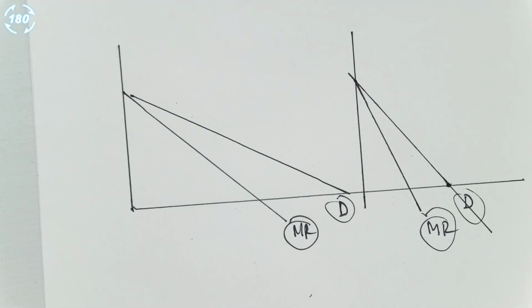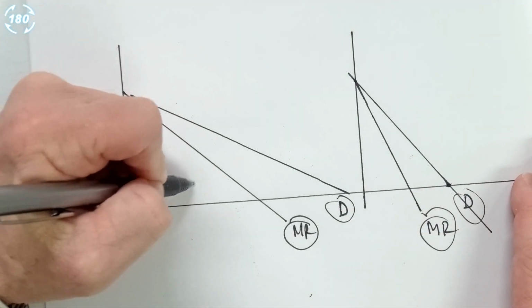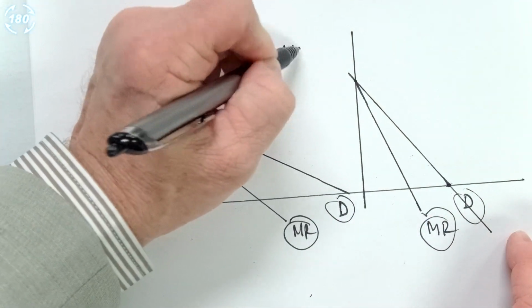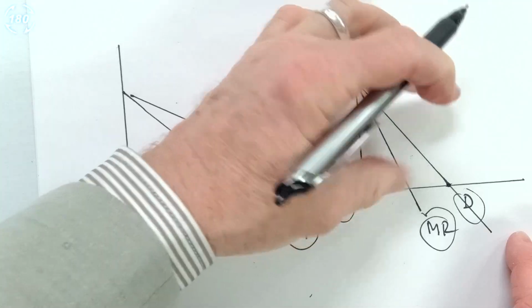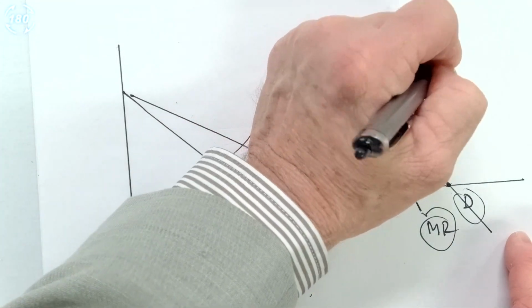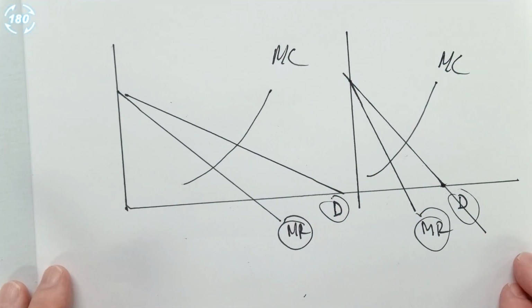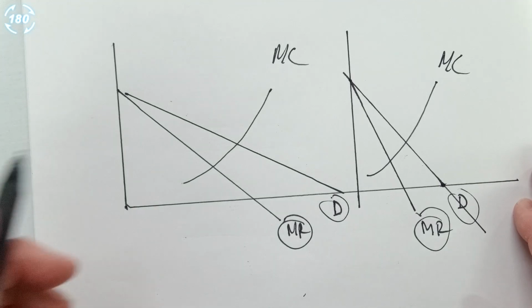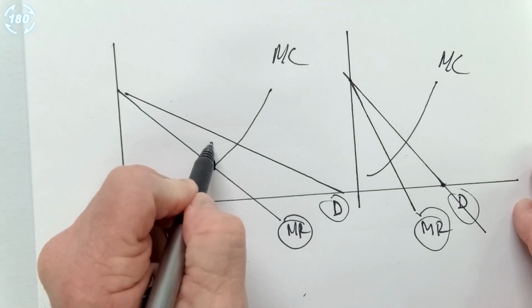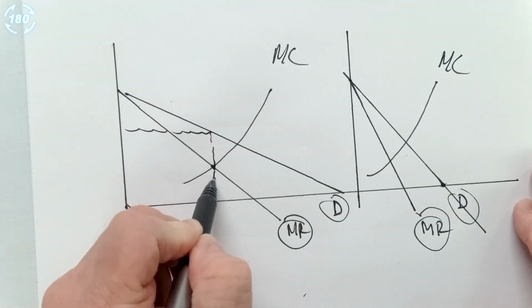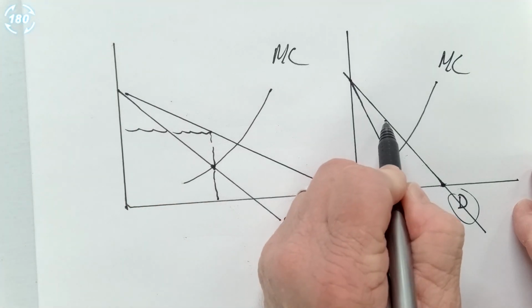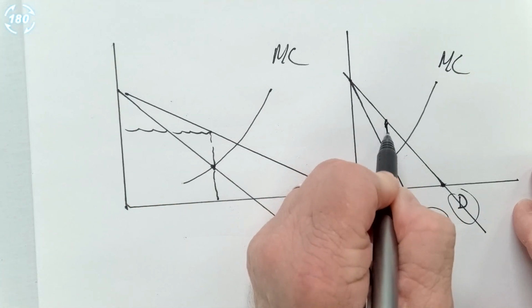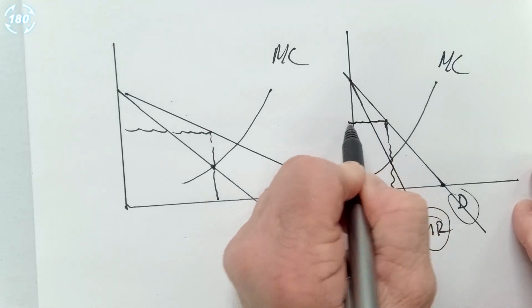Now here's the deal, okay? If I just slap the same marginal cost curve on both of these, this curve is the same as this curve. They're the same curve. What's the difference here? The prices I'm going to charge will be different, won't they? Okay. It could be this price here is higher than this price.